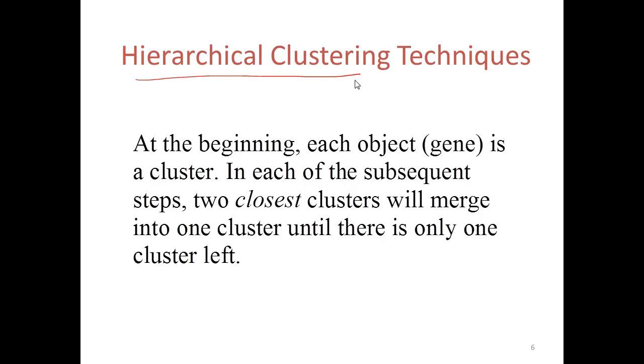Now let's say we have 100 genes by 50 conditions. So at the beginning of the analysis, and now we're going to talk about clustering the genes first, each gene is a cluster, so we have 100 clusters for 100 genes. In each of our calculating steps, the 2 closest clusters, meaning the 2 clusters with the highest correlation coefficient, we will merge into one cluster.